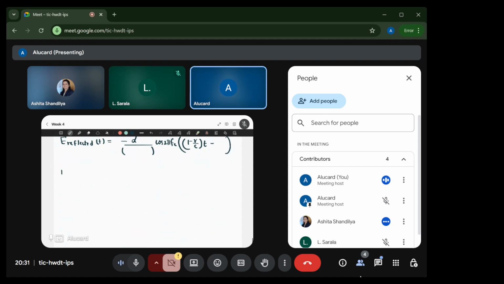Then question 16: the difference between maximum and minimum Doppler shifts among all multipath components is called the Doppler spread. So this question asks what the Doppler spread is for this particular situation.